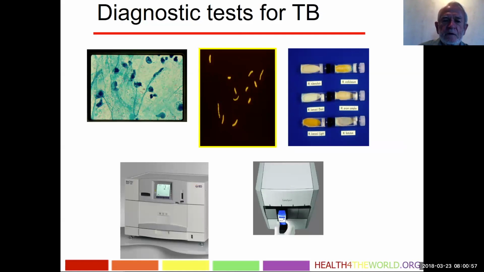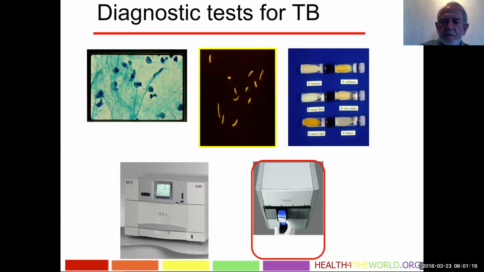In the bottom left-hand panel is the BACTEC machine. This provides liquid culture with automated reading, and this is now the gold standard for culture for mycobacteria. And then in the lower right-hand panel is a 4-module GeneXpert machine.